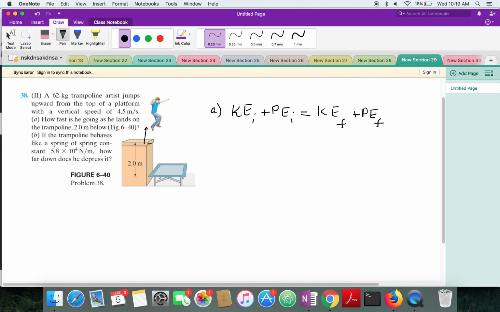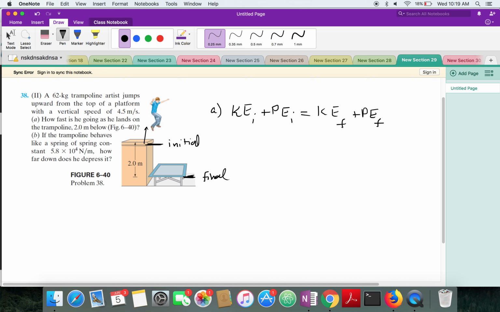plus PE final. And what we're going to do here, for part A at least, is consider this here the initial state, the initial position, and this is the final position. Now, a good procedure is to figure out what, if anything, is actually 0 here.